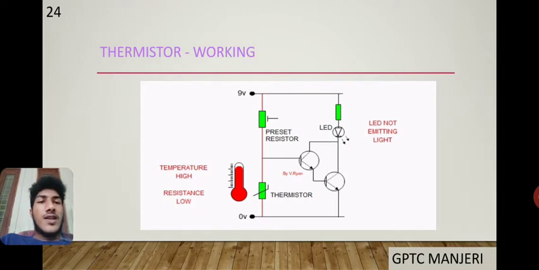But with PTC, when the temperature is high, the resistance is also high. So this is used as a fuse in a safety system. The system has a particular temperature; if it rises above that temperature, the fuse will cut and provide safety for the system.